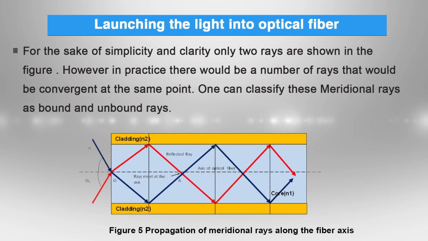For the sake of simplicity and clarity, only two rays are shown in the figure. However, in practice, there would be a number of rays that would converge at the same point. One can classify these meridional rays as bound and unbound rays.